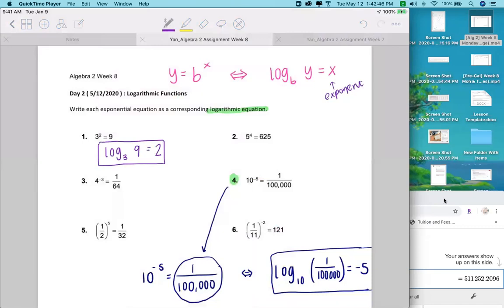Okay, and I did number 4 for you. I'm going to have you guys do number 2. I'm going to type it in the chat, and then you can follow the same formula: log, base your number, of the number, equals the number.